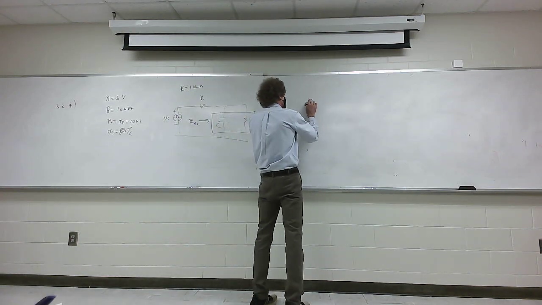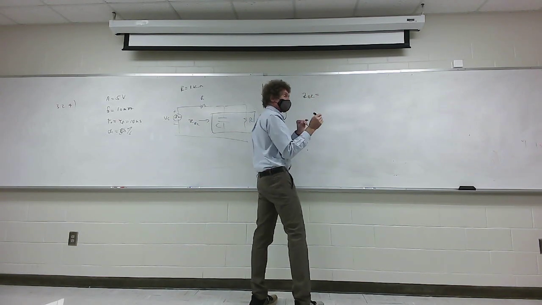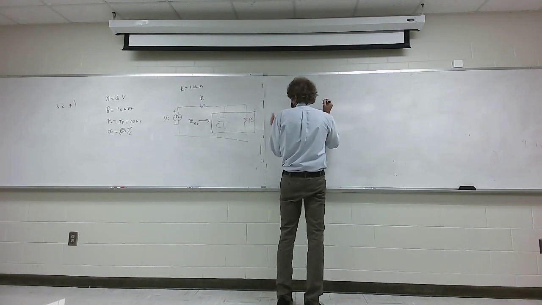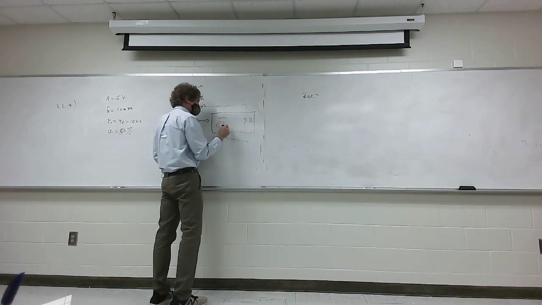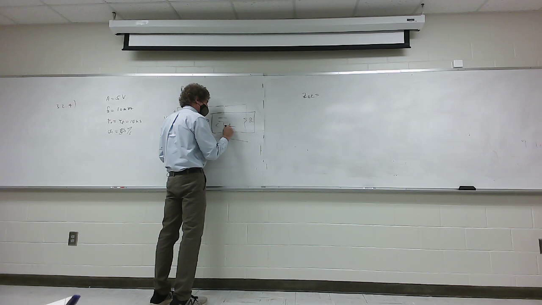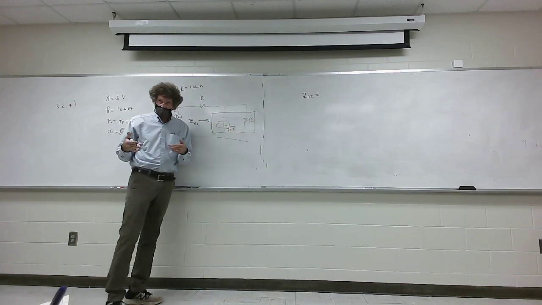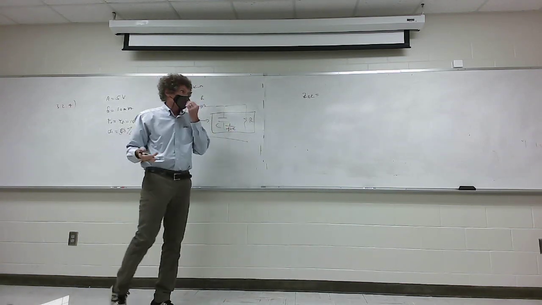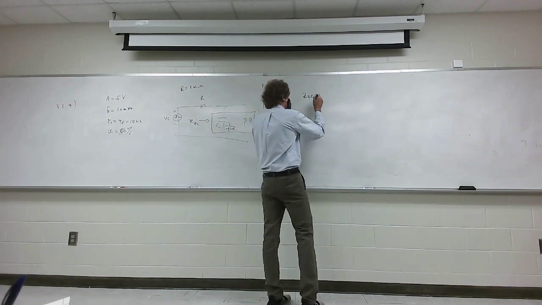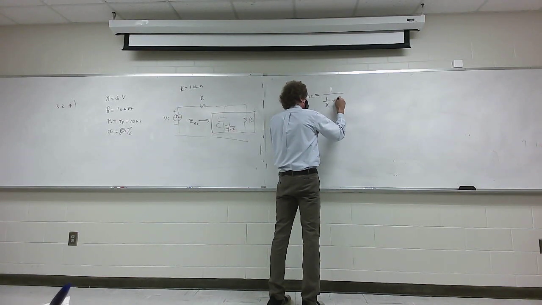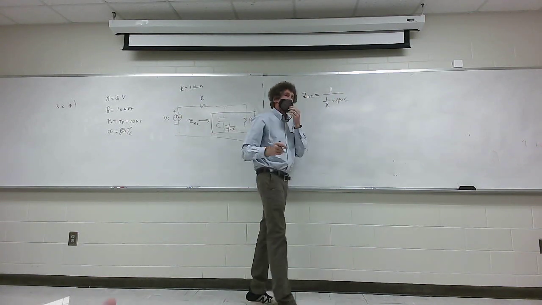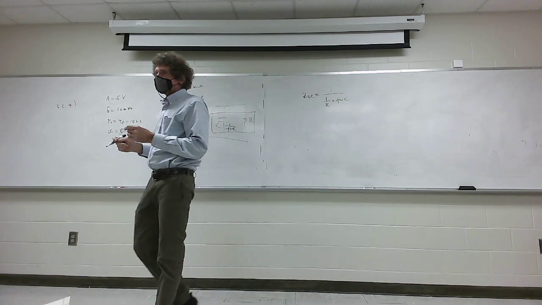ZRC would be equal to, now those are in parallel, so the impedance of the capacitor is 1 over J omega C, isn't it, class? Therefore, for 2 impedances in parallel, it's 1 over the impedance of the first plus 1 over the impedance of the second. Make sure you all agree with what I just put down.